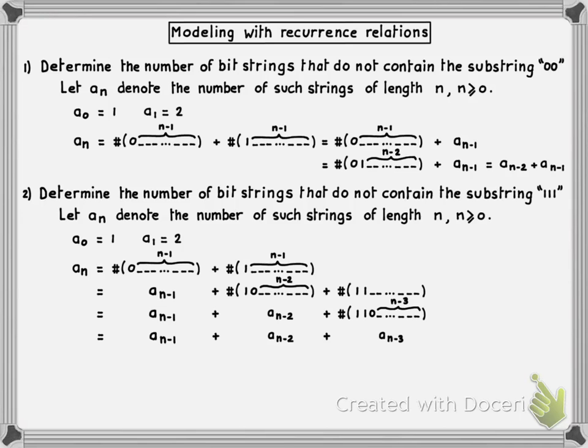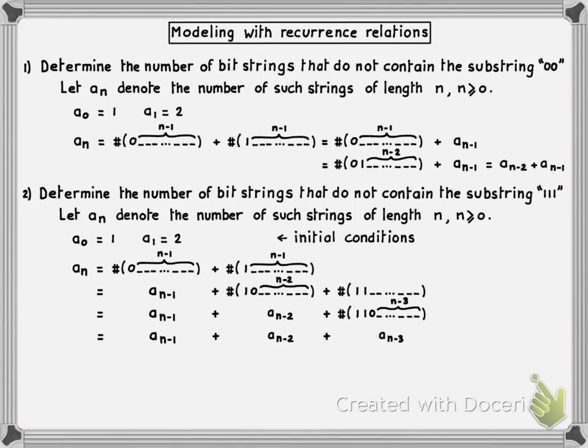Now, one problem here is that because we're using the three previous terms, the initial conditions that we computed up here are insufficient because we only computed the first two terms. So we're going to have to compute the third term, and together the first three terms plus this recurrence relation will completely define the solution. So let's compute A sub 2.